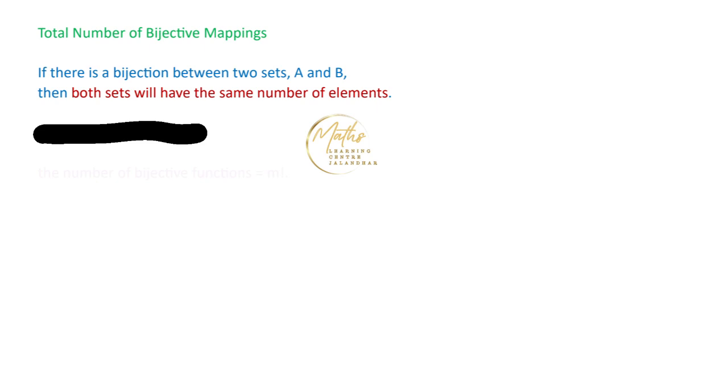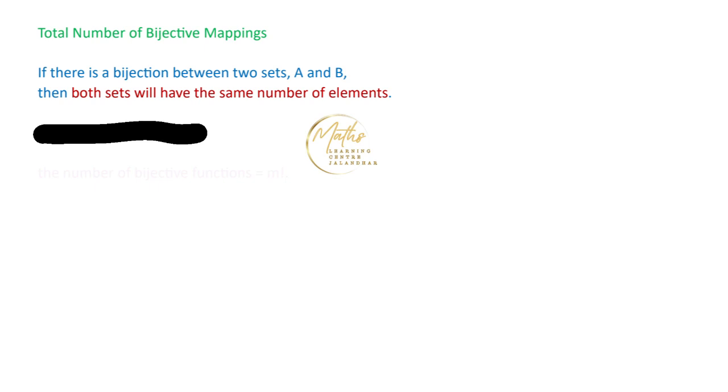Next we have the total number of bijective mappings. If there is a bijective map between two sets A and B, then it is both 1-1 and onto. Every element has a unique image and a unique pre-image. It means that both sets have the same number of elements.